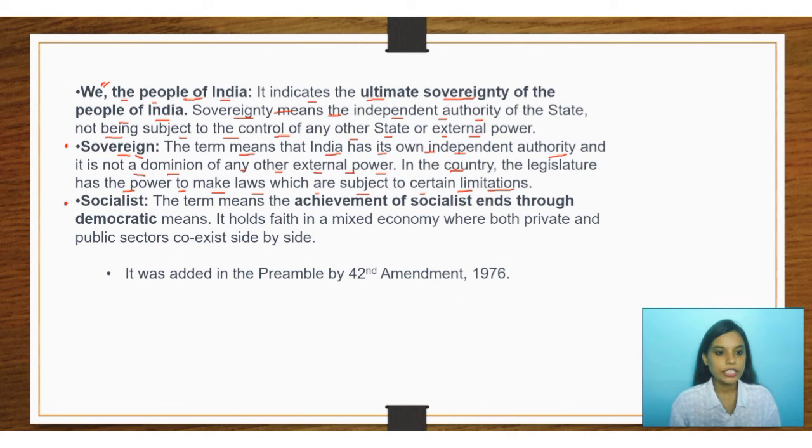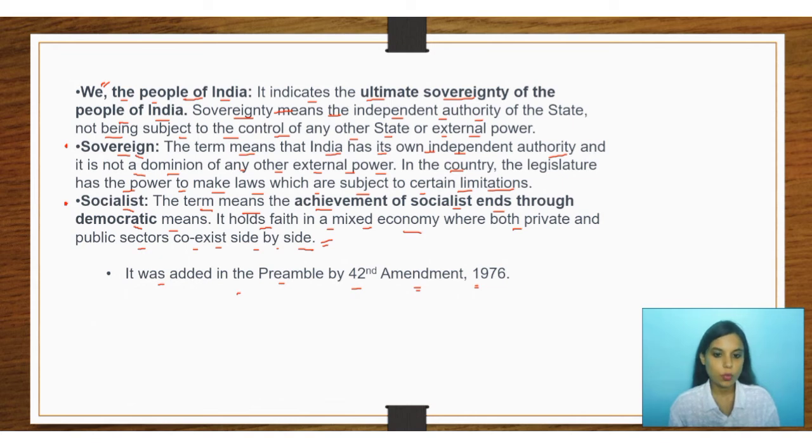Then you have the next term, socialist, which you also need to discuss. The term means the achievement of socialist ends through democratic means. It holds faith in a mixed economy where both private and public sectors coexist side by side. It was added in the preamble by the 42nd Amendment Act of 1976.